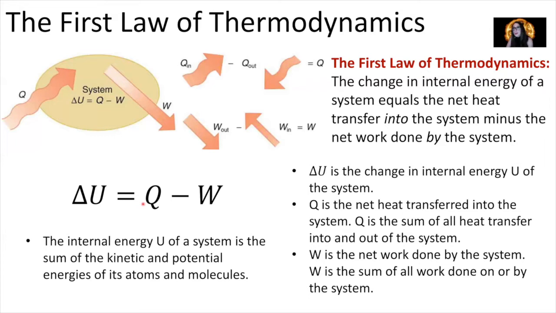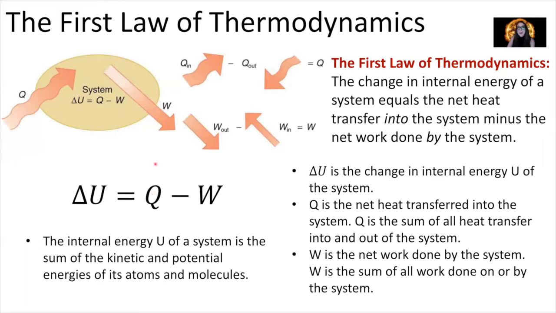Okay, Q is the net heat transferred into the system. It's the sum of all the heat transfer into and out of the system. So really Q is a net heat transfer. The total value for Q is equal to the heat transfer into the system minus the heat transfer out of the system. That's what Q represents here.